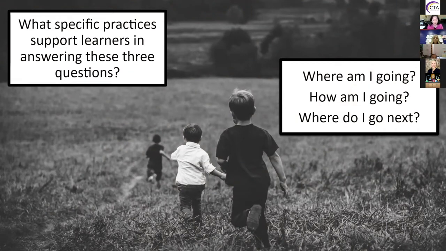So what do you think that concept might be? Can you write it down? What do you think? What are the practices that help these? What do we need to have that is very specific to help these three students answer these three questions? Go ahead and put that in your chat, please. Teacher clarity does come with it. Yep. Yeah.